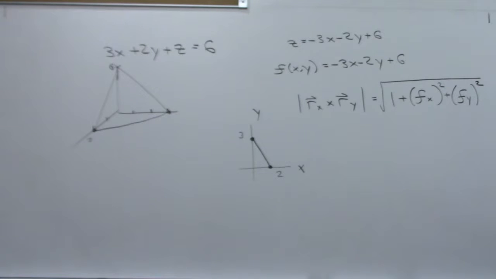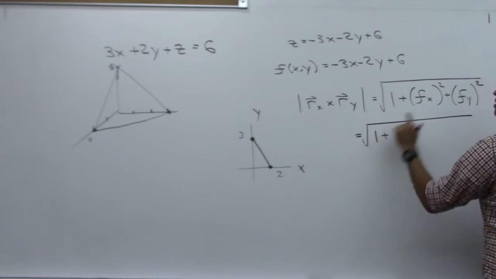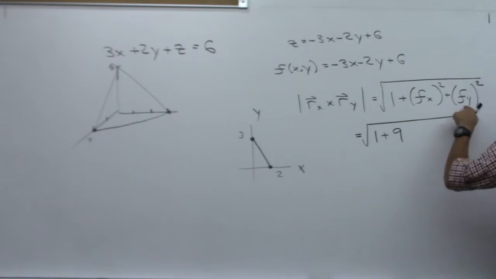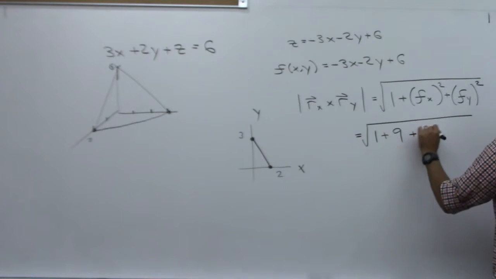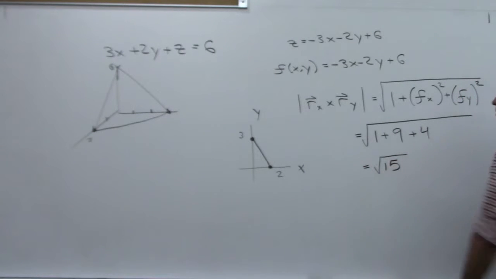That's going to be the magnitude of the cross product. And that's just equal to the square root of 1 plus, partial f with respect to x is negative 3, squared is 9. With respect to y is negative 2, squared is 4. So this is just root 15. That's really nice. And so here's where I am.